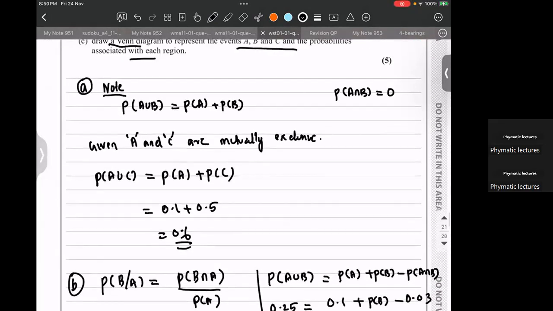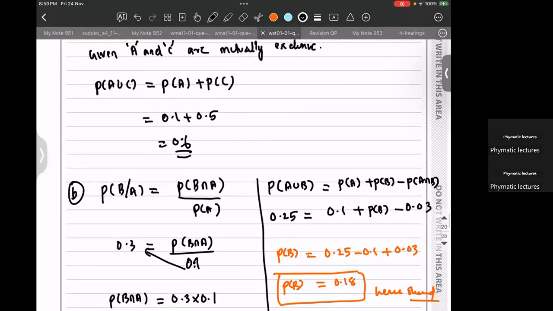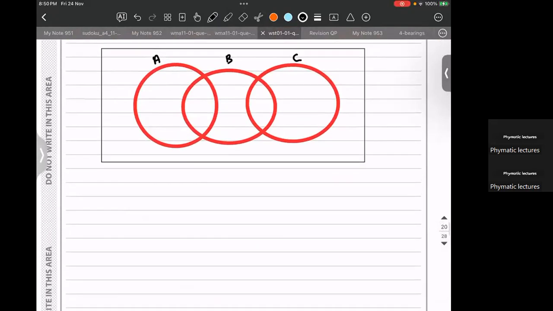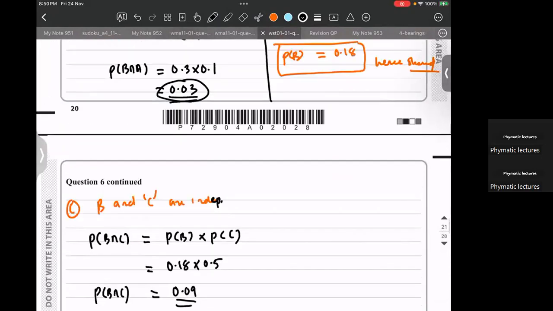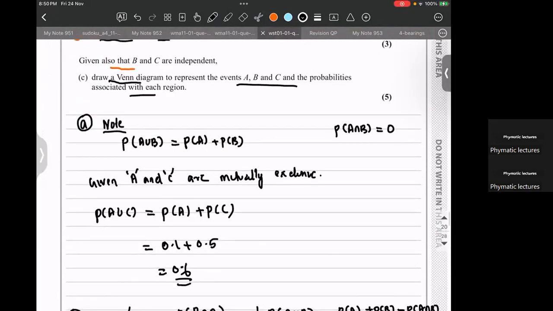That is A intersection B, which is 0.03. What is B intersection C? That is 0.09. And what is probability of B? Probability of B is 0.18.